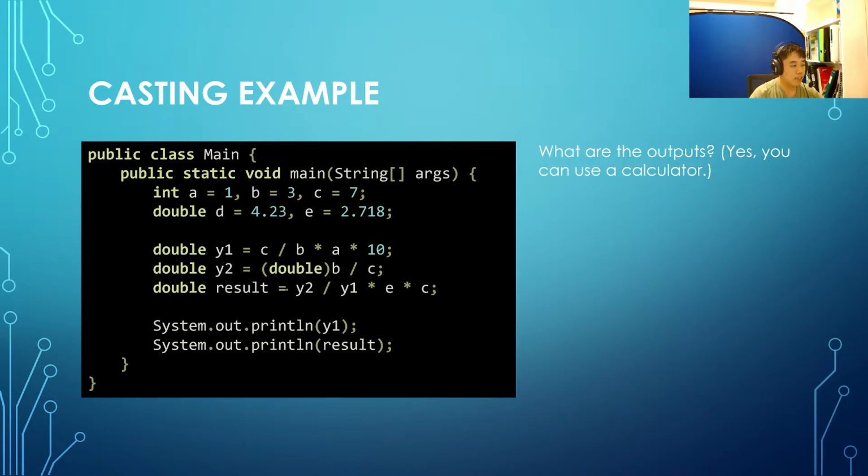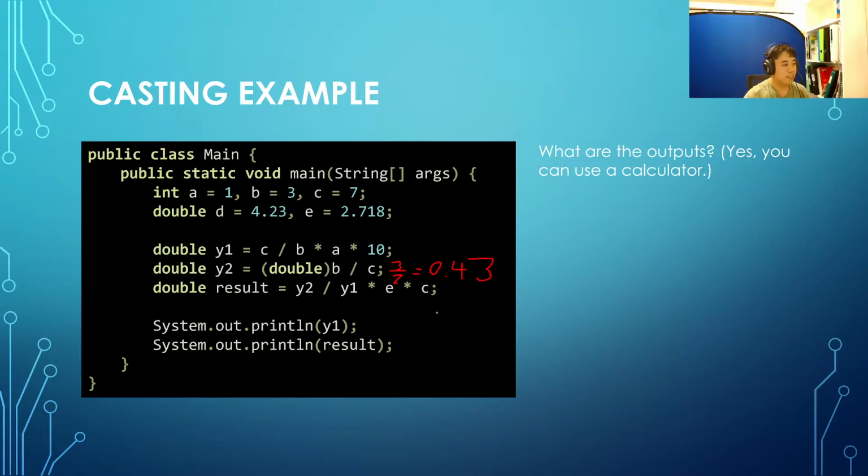Since we need to use y2, might as well do that. B divided by C, so that's 3 divided by 7. I'm going to say 3 over 7, and just in case, I'm going to write that as 0.43.